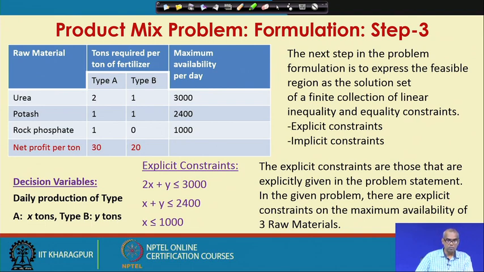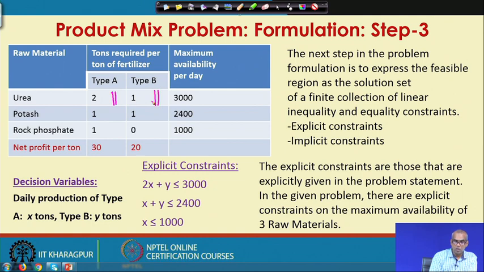So, to produce 1 ton of fertilizer A, we need 2 tons of urea. So, to produce x ton of type A fertilizer, we need 2x ton of urea. Similarly, to produce 1 ton of fertilizer B, we need 1 ton of urea.